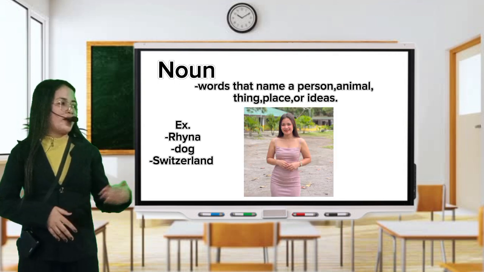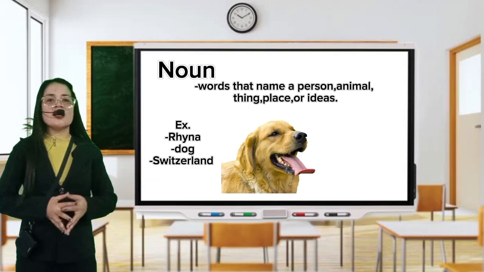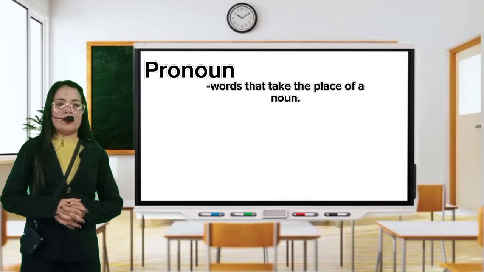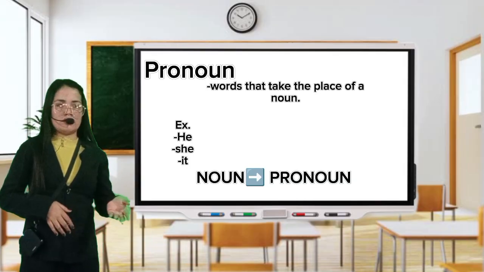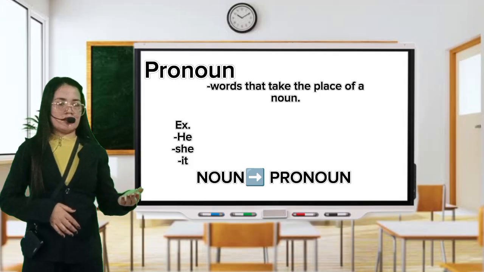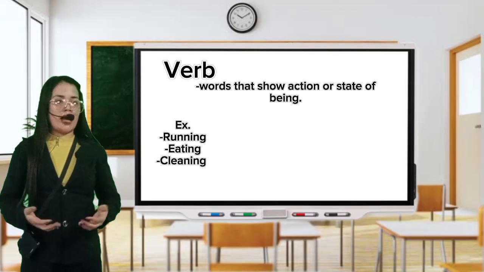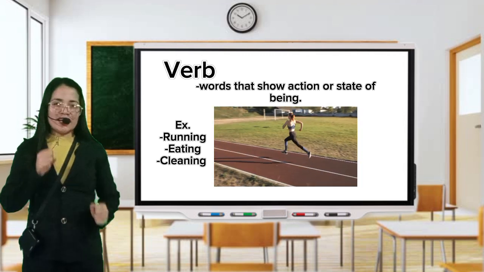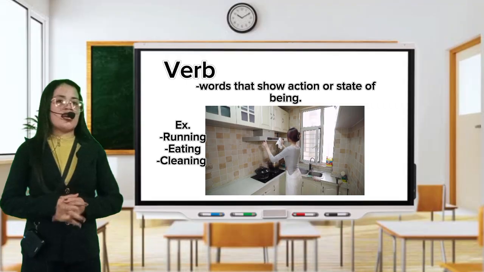Example, Rhina, dog, Switzerland. Pronoun. Words that take the place of a noun. Example, he, she, it. Verb. Words that show action or state of being. Example, running, cleaning, and eating.